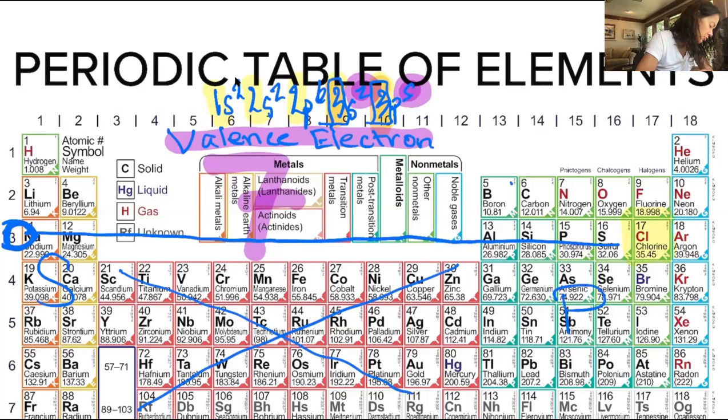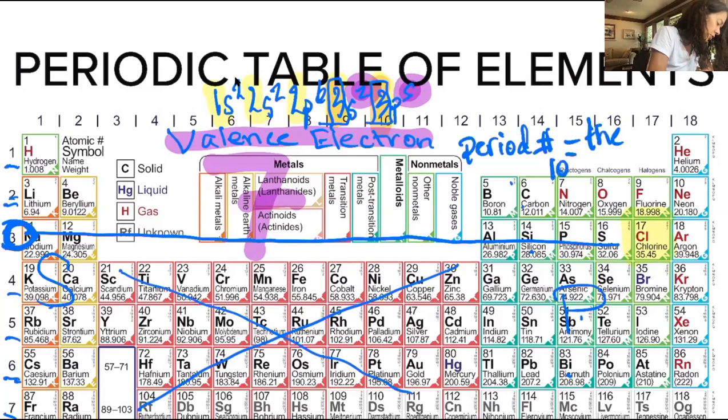And what I'm telling you is that the period the element is located in on the periodic table, the period number, so for carbon, that's 2, for silicon, that's 3, for bismuth, that's 6, okay? The period number tells me the location, and by terms of location, I mean the energy level.